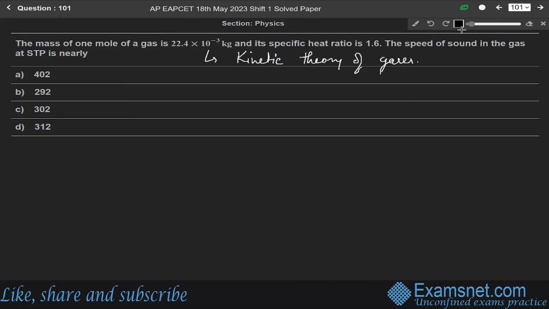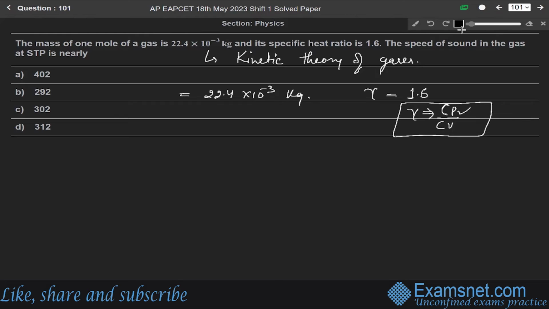Now we are given the mass of 1 mole of a gas, which is 22.4 into 10 to the power minus 3 kg, and gamma, the specific heat ratio, is given as 1.6. Specific heat ratio means Cp by Cv, the ratio of specific heat at constant pressure to specific heat at constant volume.